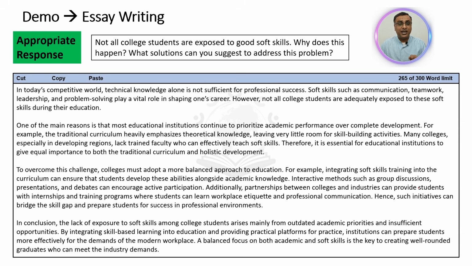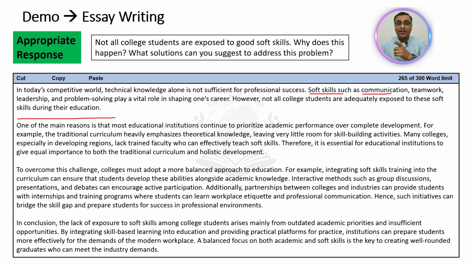I have structured my essay something like this. In paragraph 1, I have introduced the essay topic, which talks about soft skills, which is related to communication, teamwork, leadership, problem solving, and so on and so forth. In paragraph 2, I have introduced idea 1, which is in relation to the main essay topic.